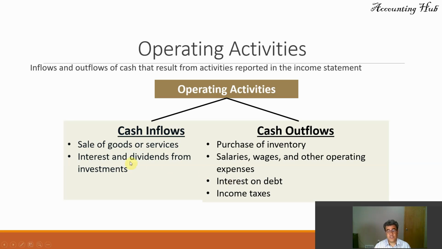Interest received, they consider it investing activities, and interest paid, it is financing activities. So, a very small difference between US accounting and international accounting here. So, if you are in the US, consider this one. If you are not in the US, interest they are investing and financing activities. Okay.